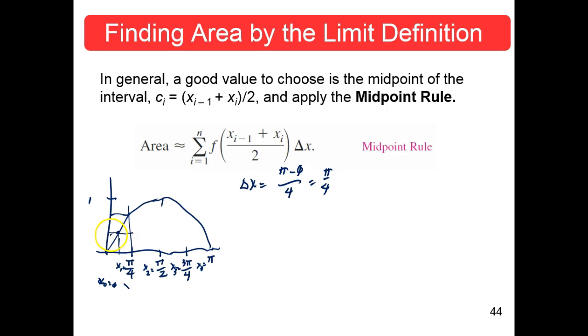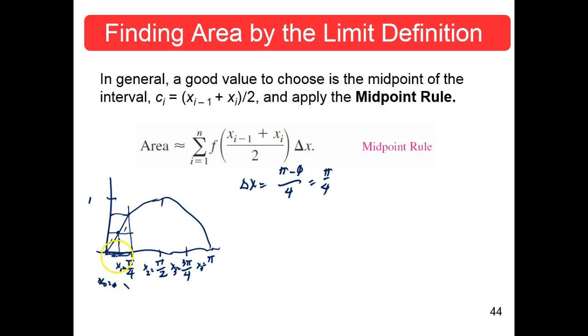What is the function value there? See, that's a better estimate than this, and it's a better estimate than that. This one has all of it in error. This one, this part's in error. Here, you just got this part and that part, and they're almost the same, so they sort of cancel each other out. So we want that midpoint.